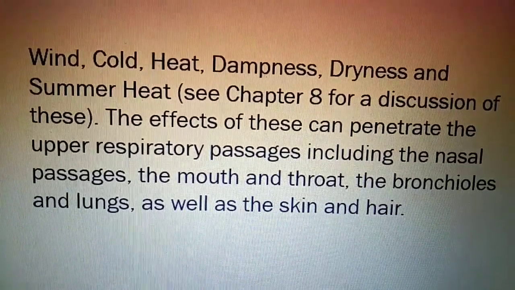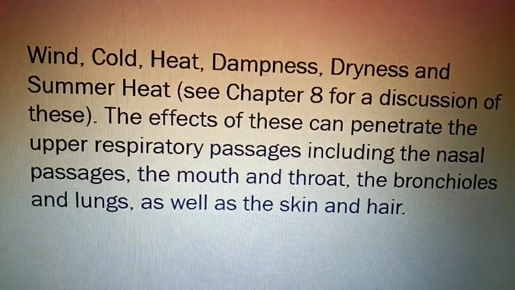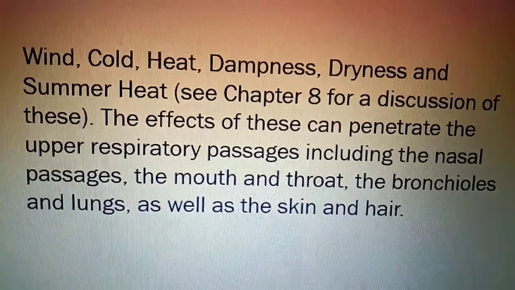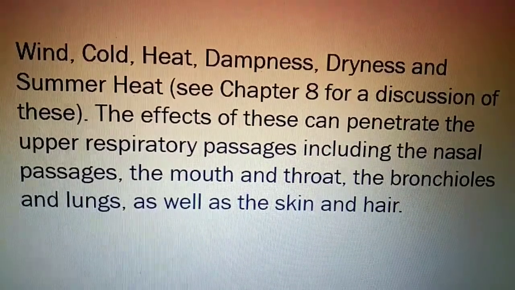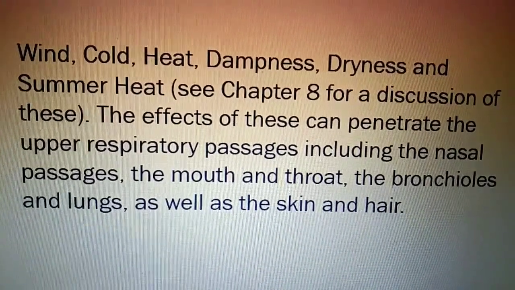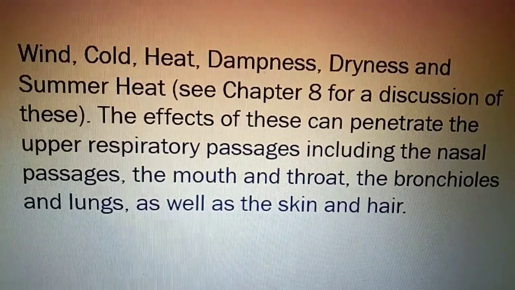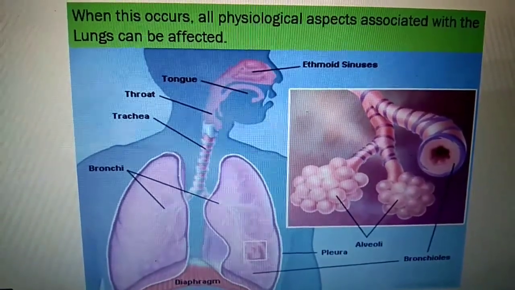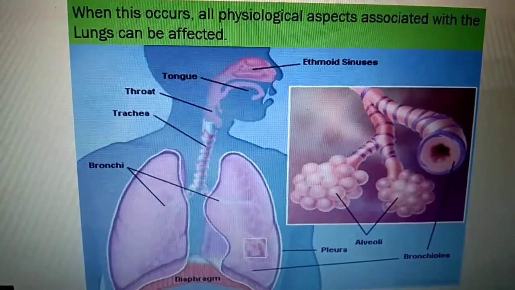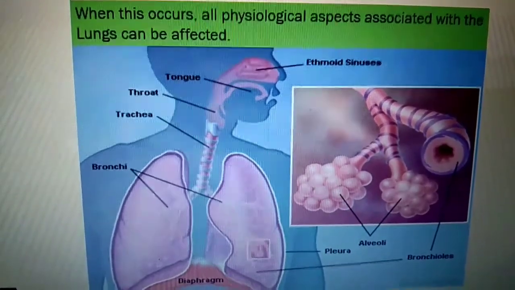The effects of this can penetrate the upper respiratory passages, including the nasal passages, the mouth and throat, the bronchioles and lungs, as well as the skin and hair. When this occurs, all physiological aspects associated with the lungs can be affected.